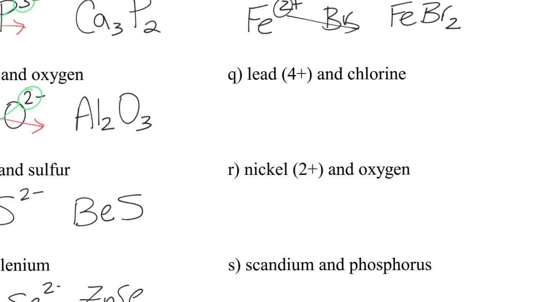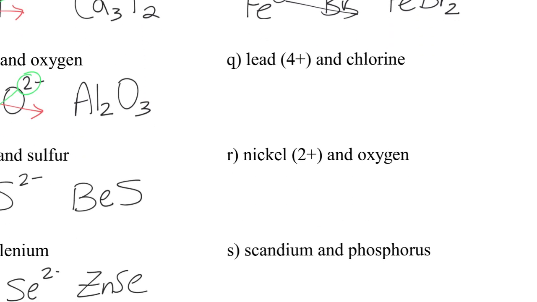Now let's go to lead and chlorine. Lead's the same way. Pb. Now I know it's under group 14, just like tin, but lead will have more than one charge. It has a 2 plus or a 4 plus. Tin's the same way, 4 plus or 2 plus, but most of the time it's the 4 plus. So we're going to use that 4 plus there, and then the Cl, which is a 1 minus.